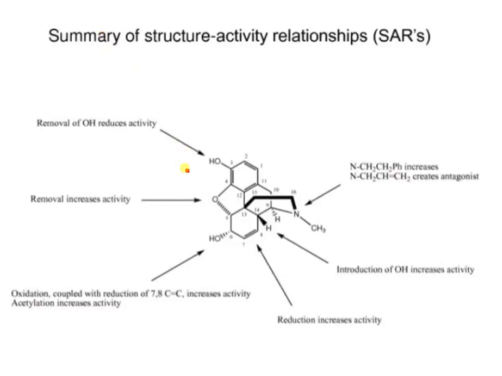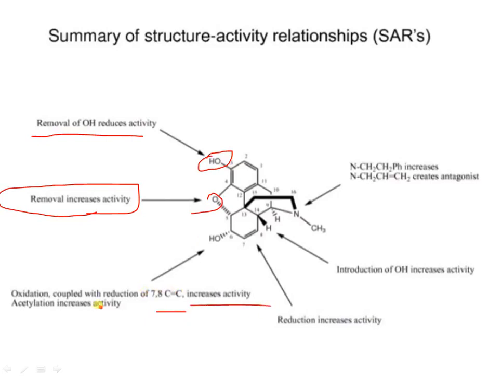The third position hydroxy group, sorry. In this SAR, removal of the hydroxy at the third position reduces the biological activity. Removal of the ether, removal of the 6th position hydroxy, and oxidation coupled with reduction of the 7 and 8 carbon-carbon double bond increases the activity.